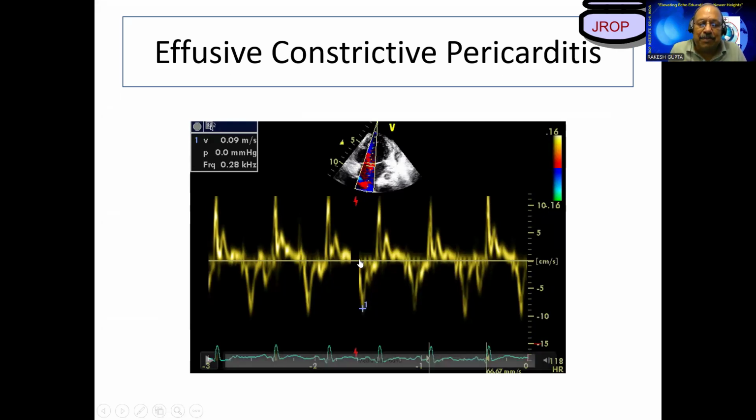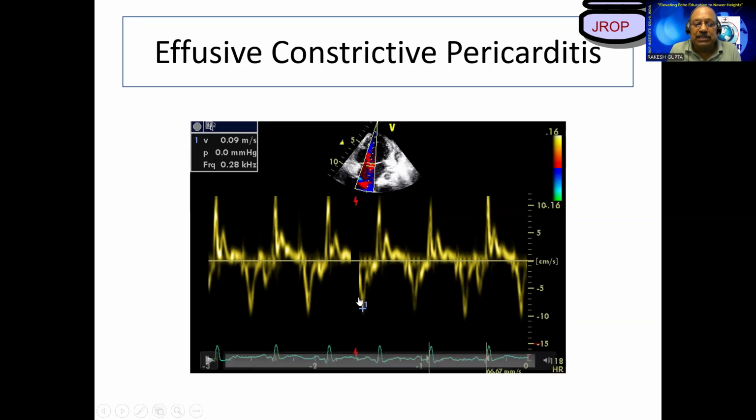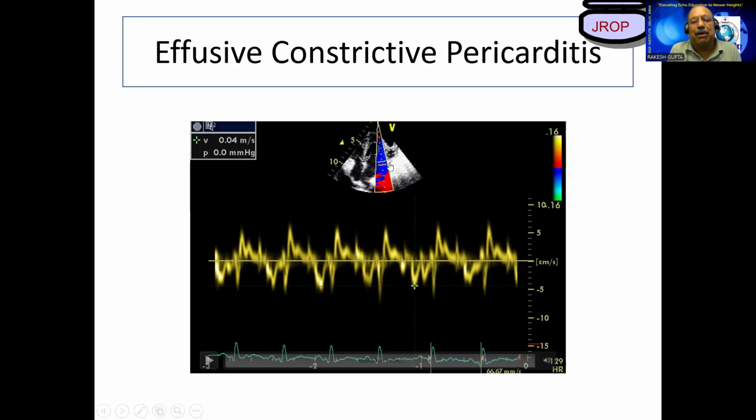Normally, E prime septal of the LV cavity is higher than E prime lateral of the LV cavity. In effusive constrictive pericarditis, the reversal happens. Septal E prime becomes taller, and lateral E prime becomes smaller.